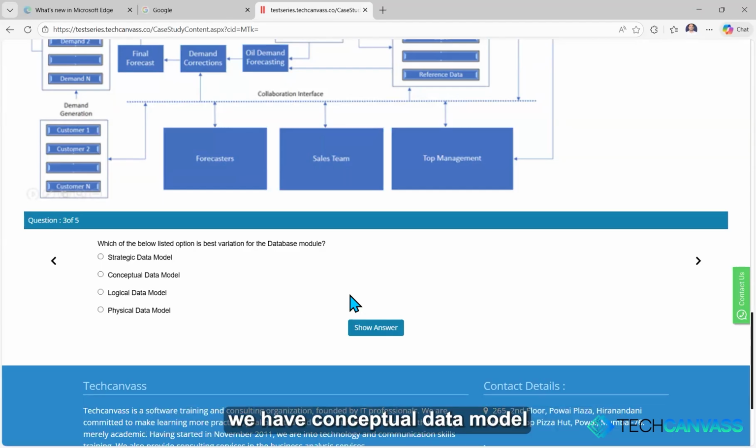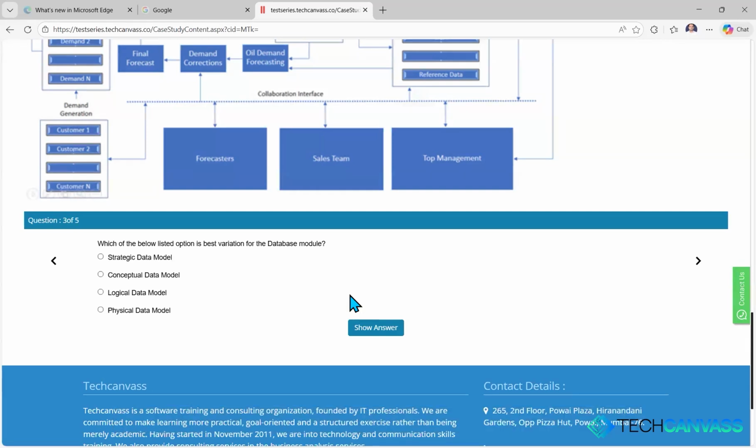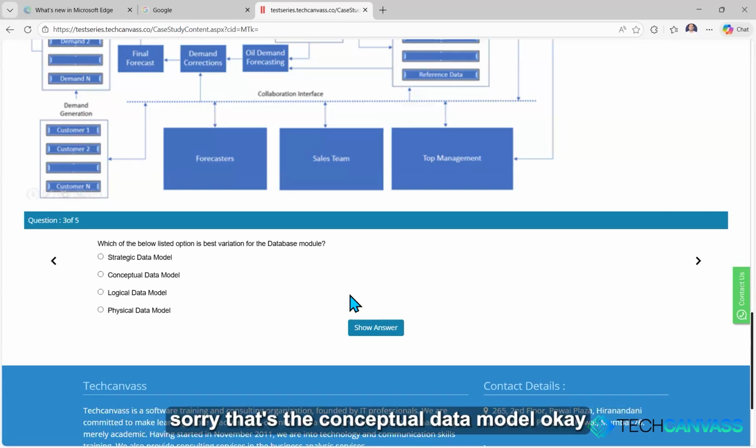We have the conceptual data model where we are just talking about entities and the relationships between those entities. So again, going back to college days, if you have seen entity relationship diagrams, that is part of your conceptual data model.